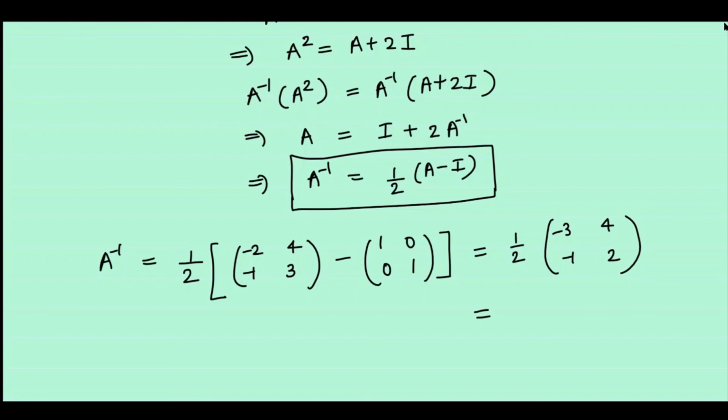So we have [-3/2 2; -1/2 1]. So this is the value of A inverse. If the matrix is non-singular, that is, if it has an inverse, we can compute its inverse using the Cayley-Hamilton theorem in an easy way.